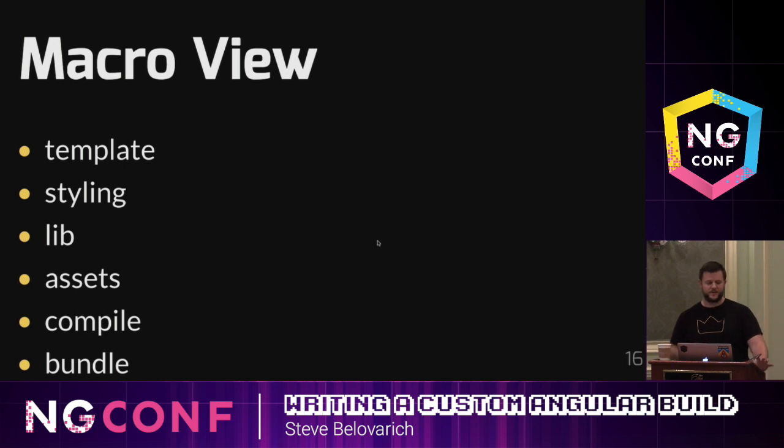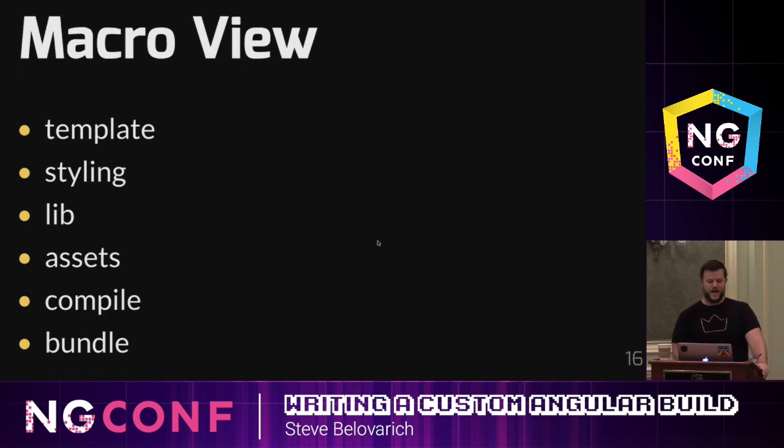So if we take a kind of macroscopic view of this whole landscape, we can see that there are some abstract notions we have to deal with here, right? We're going to have a template of some sort. This template is our index.html. We're going to probably have to deal with styling in some way. In this build, we're not going to pre-process Sass or anything like that.